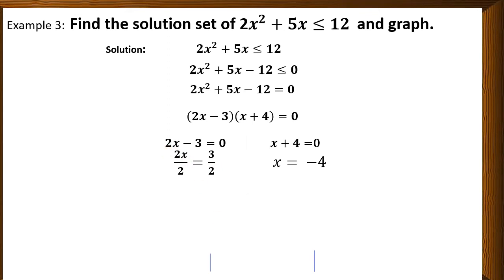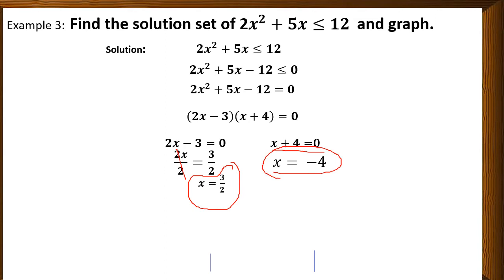So 2x divided by 2 is equal to x, and 3 divided by 2 is 3 halves. So this is now the first root. For the second root, we have x plus 4, and 4 will be transposed to the right side, and it becomes negative 4. So we have now the second value of our root.